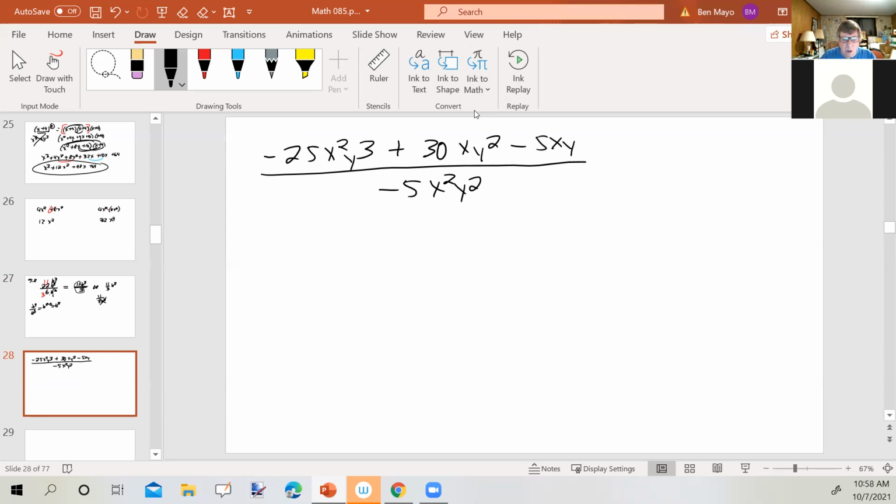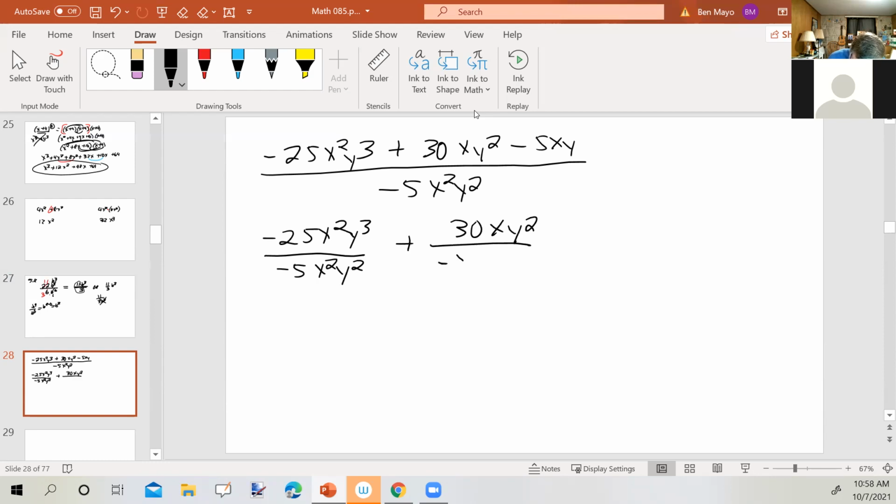So if we have a polynomial divided by a monomial, we rewrite each term in the numerator divided by the monomial term in the denominator. Watch your signs carefully. Okay, so we get that. Now we're going to go back and reduce term by term.